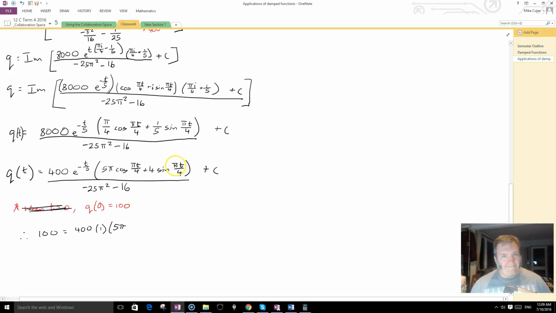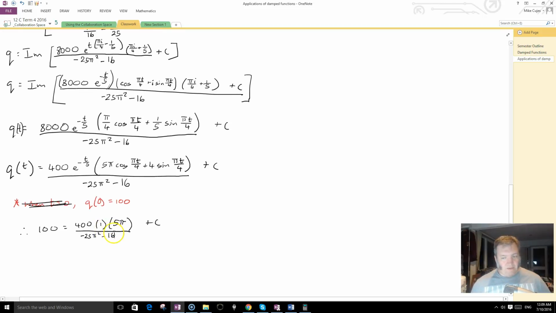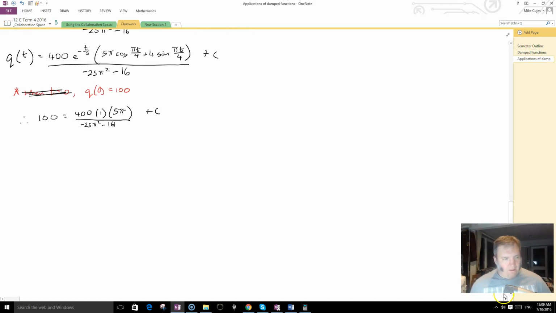Sine of 0, that's going to be 0. Excellent. That bit we don't need anymore. And this is just plus c, and this fraction was still over negative 25 pi squared take 16. It's actually simplified really nicely because we're working with those nice integers on top and on the bottom. It's just made our lives a little bit easier.